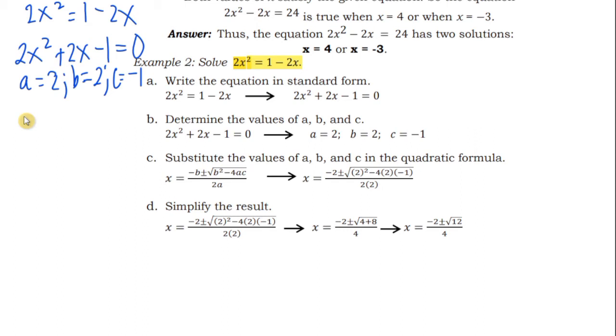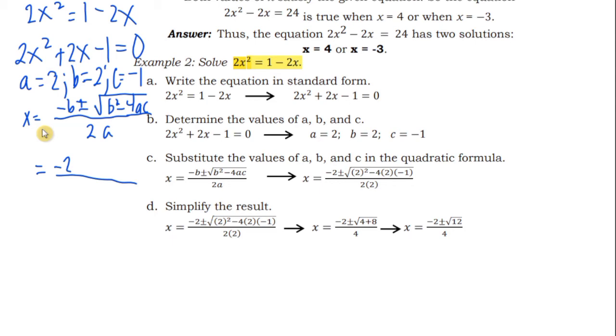We now have the opposite of 2, so negative 2, plus minus the square root of 2 squared minus 4 times 2 times negative 1, all over 2 times 2.